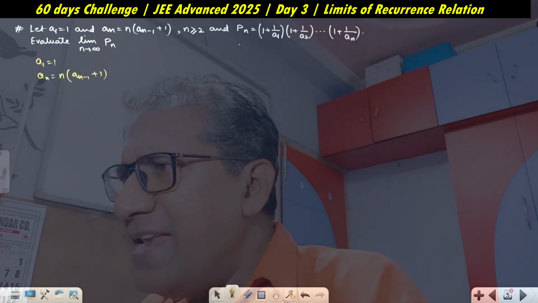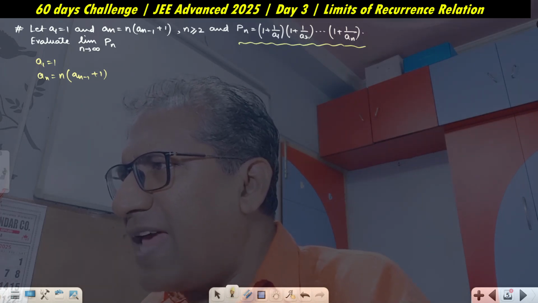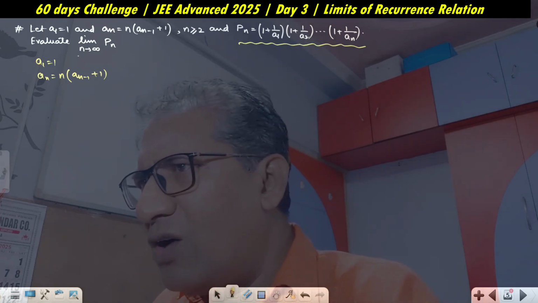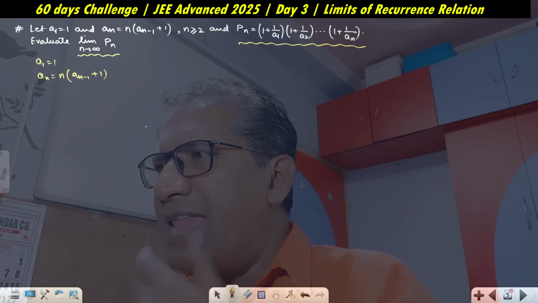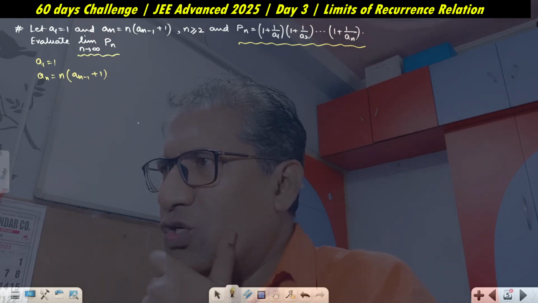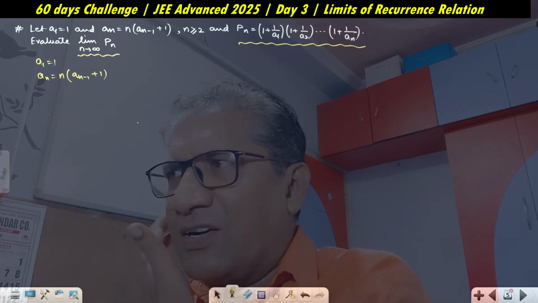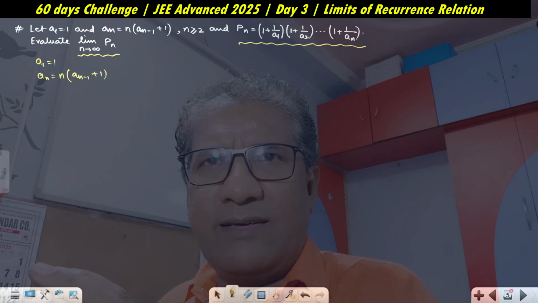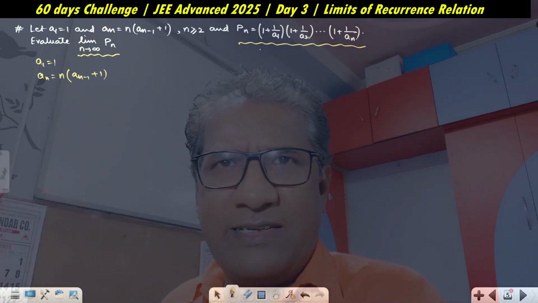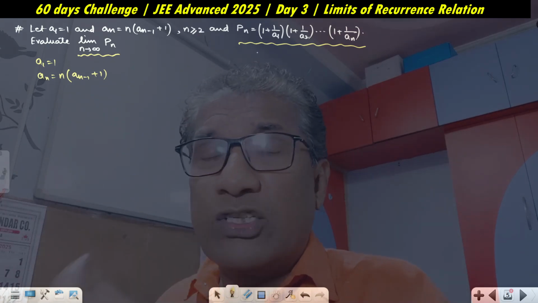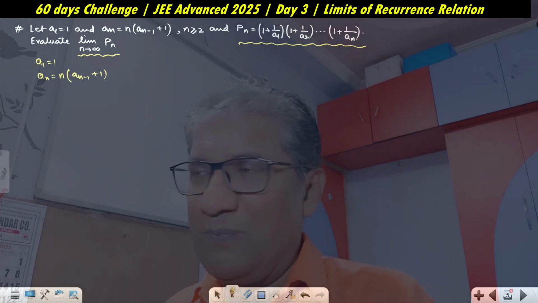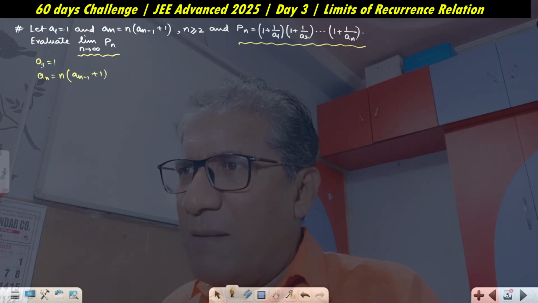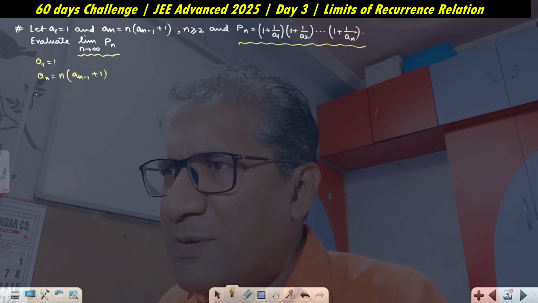Now, P_n is given by this expression, and we have to find the limit as n tends to infinity of P_n. So the right hand side of P_n has to be manipulated. It has to be related with the recurrence relation that we have been given.